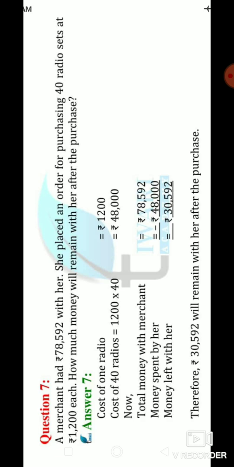Therefore the money left with her is equal to rupees 30,592. 30,592 rupees will remain after the purchase of 40 radio sets by the merchant. In this way you have to calculate the amount that will remain with her after the purchase of 40 radio sets, each of cost rupees 1,200 each.